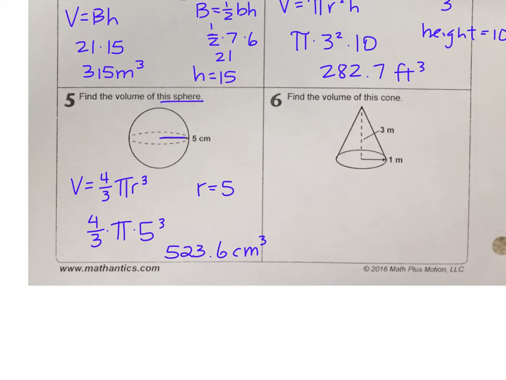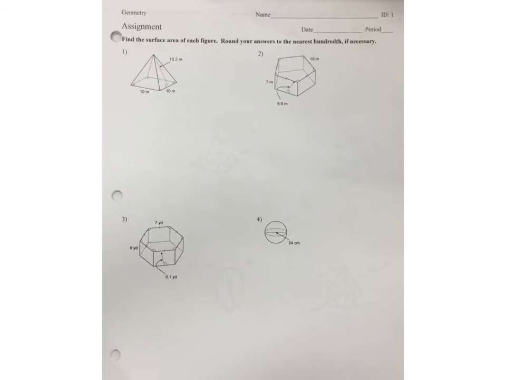The formula for a cone is V equals 1/2 pi r squared h. Well, we know our r is half the circle, which is 1, and our height is a 3. 1/2 times pi times 1 times 3 gives us 3.1 meters cubed when you put it in your calculator.